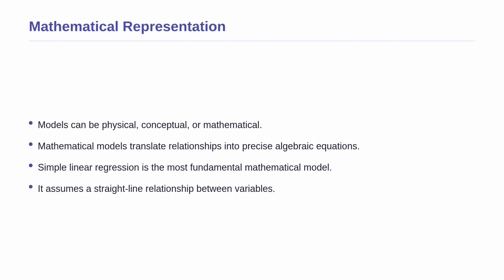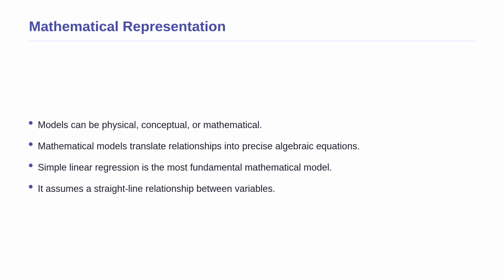While we have discussed models conceptually, it is important to know that models come in different forms. They can be physical, like a miniature wind tunnel model of an airplane, or conceptual, like a flowchart. However, the most powerful models in quantitative research are mathematical. A mathematical model translates real-world relationships into precise algebraic equations.